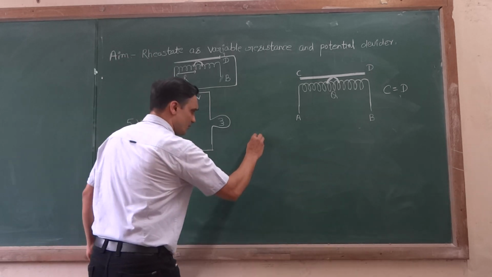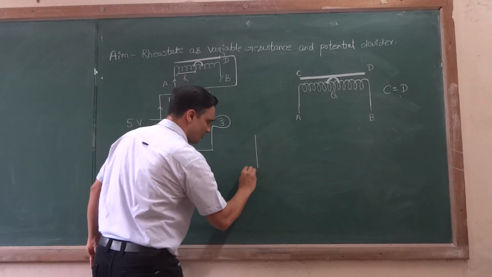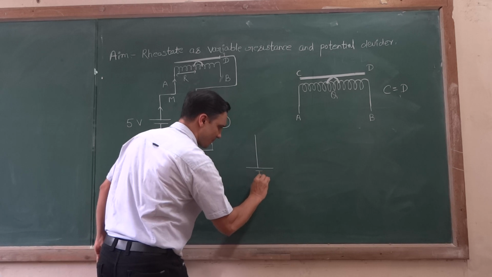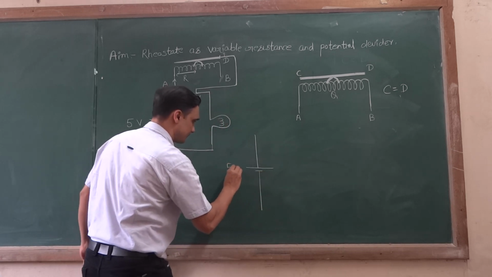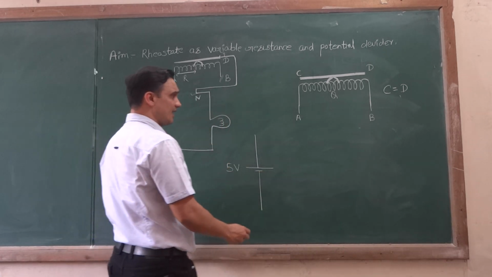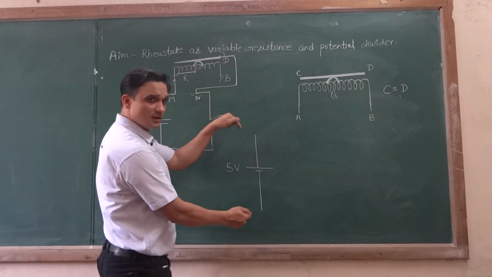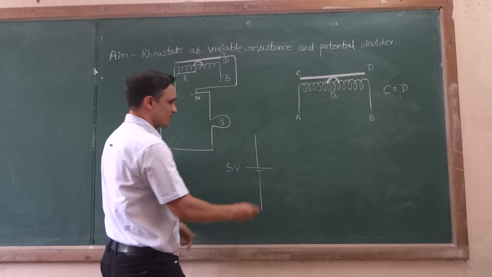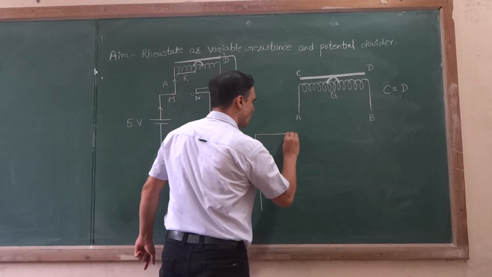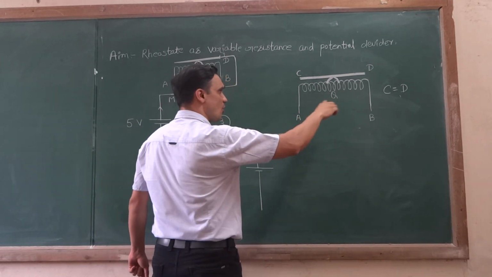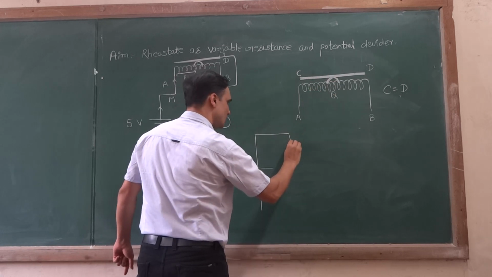So first I have a 5 volts battery. Now I will connect the rheostat A and B points through the voltage source, so the entire voltage will spread uniformly on the rheostat.